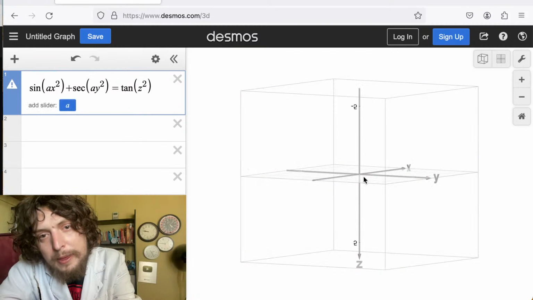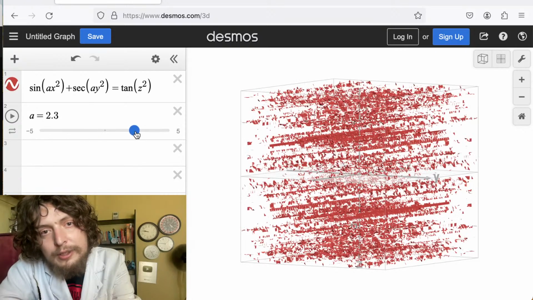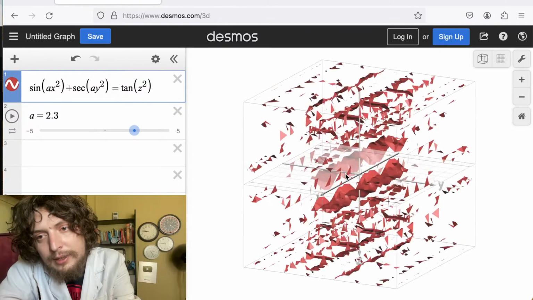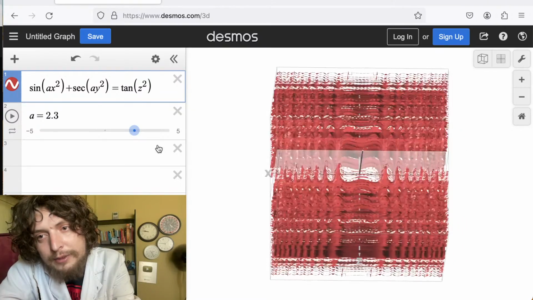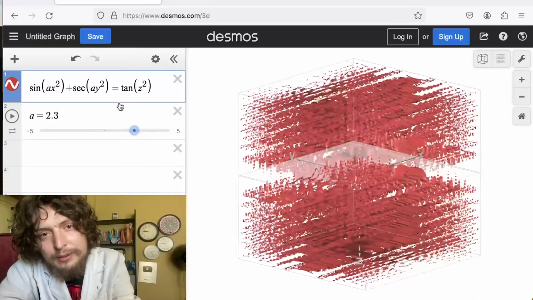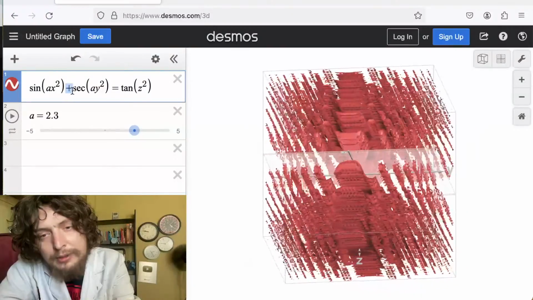So, yeah, add a slider. Oh, I didn't need 2 sliders. Oh, it's not liking this. Okay, it's liking it again. So here we got our caves. And what happens if we turn this into division?